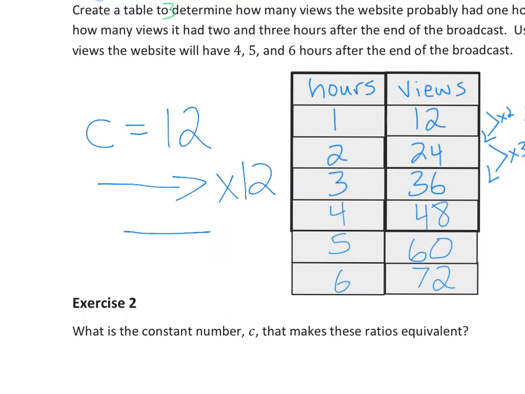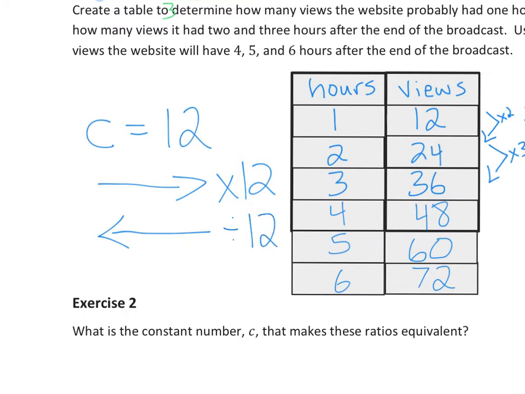But what if I'm going from right to left? What if I'm going from views to hours? How do I get 2 from 24? Well, wouldn't that just be the opposite of times 12? Aren't I just dividing by 12? So we're always looking for a multiplicative relationship.